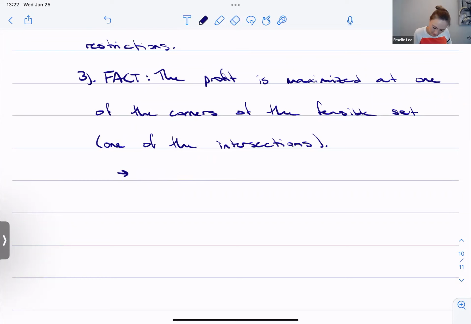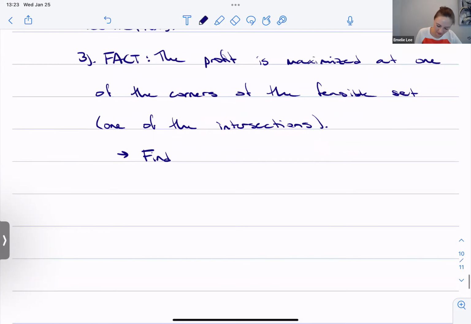Because this was just a fact. This wasn't actually a step, I guess. But we're going to find all the points of intersection.